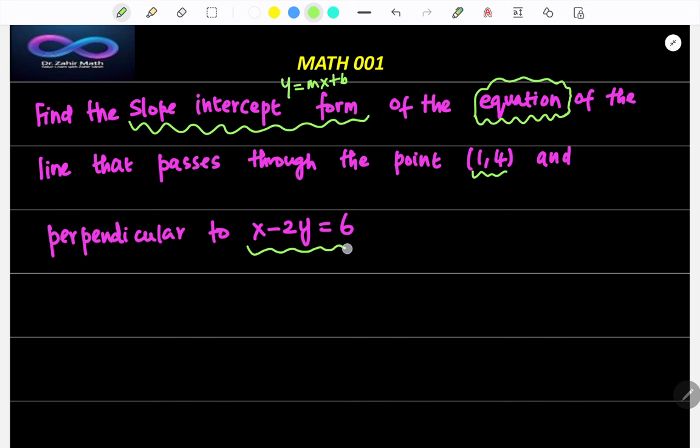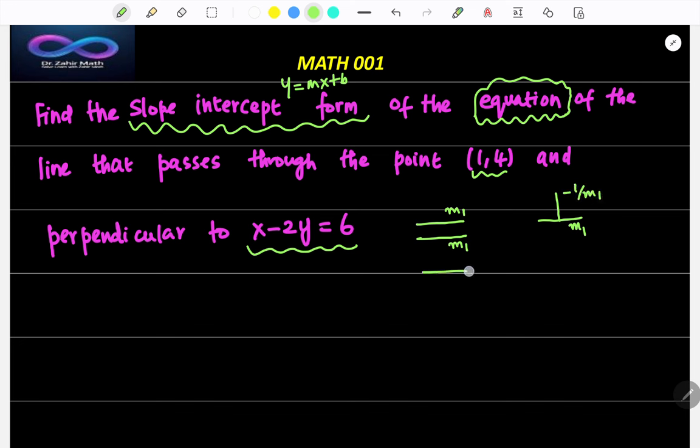And perpendicular. What do you mean by perpendicular and parallel about the slopes? If two lines are parallel, the slope of this line is equal to the slope of this line. If two lines are perpendicular and this line's slope is m1, then this one is minus 1 by m1.